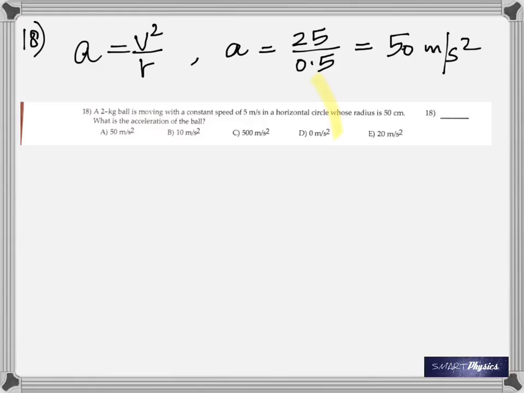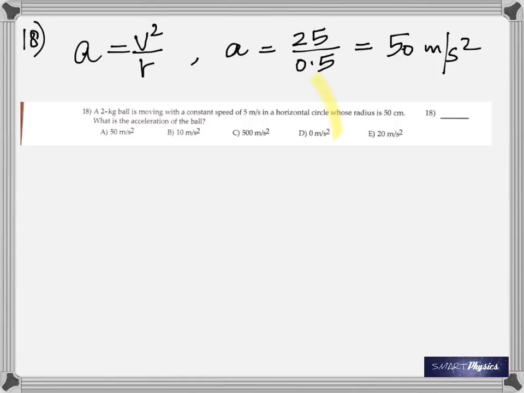And 19, I don't have the question for 19 on this, so please look at 19. That's a good one. Actually, we already did that at the beginning. If there's only friction, it's a flat curve, there is no banking, so it's only friction.